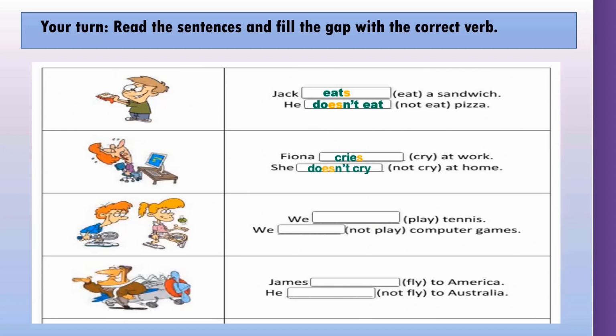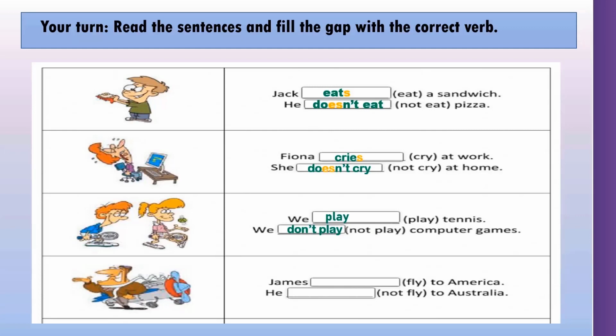Okay, and doesn't cry for negative. So the next one is we. So we is not third person singular. So what happens here? We don't change the verb, okay? Okay, so we don't play computer games.